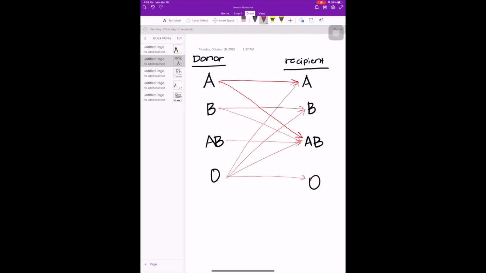So if you look at it, this indicates that you can give this blood type to any recipient. That's why it's important to have O in the blood bank, especially for trauma cases.